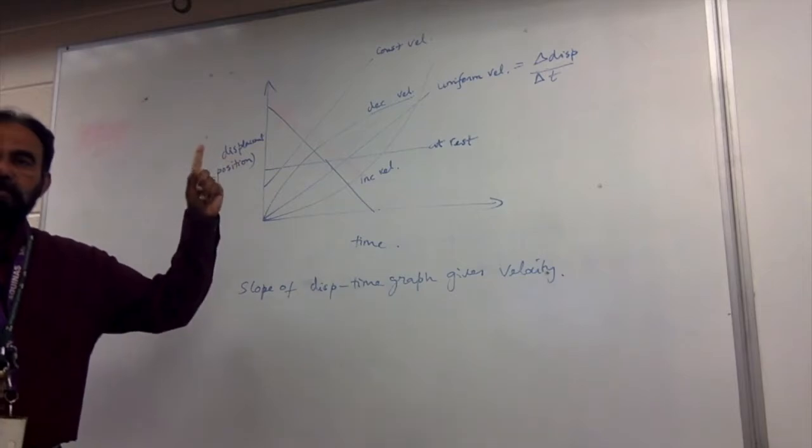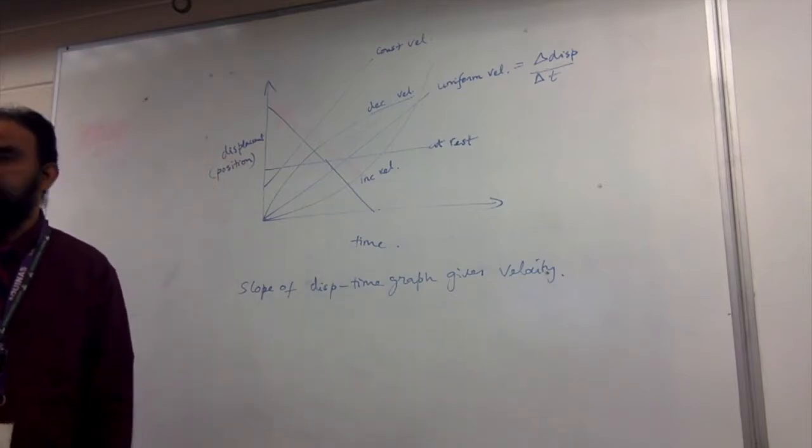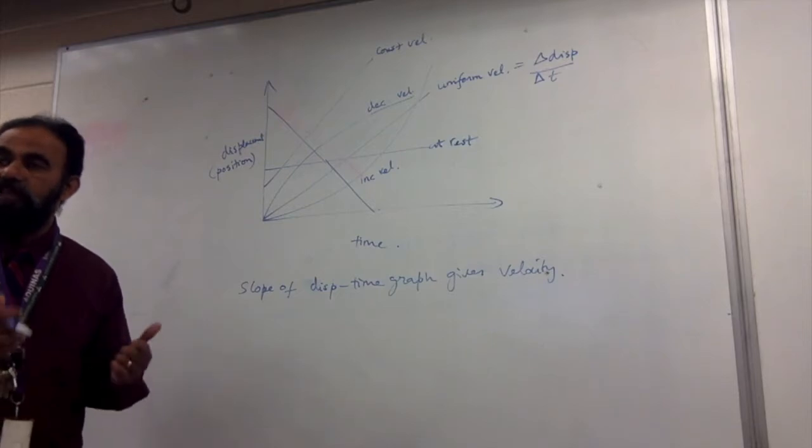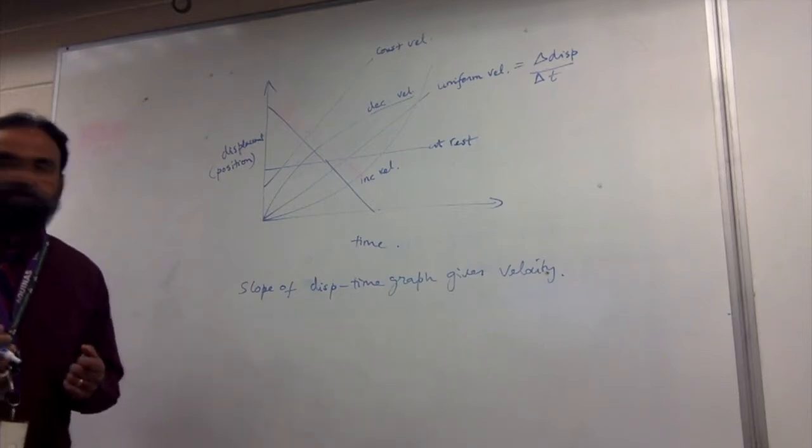It's possible to have negative velocity, but no negative speed. Speed can never be negative because speed is a scalar quantity. So no negatives there, but velocity can be negative. Make sense?